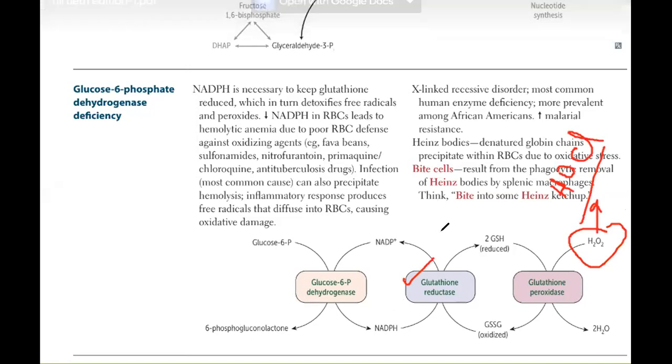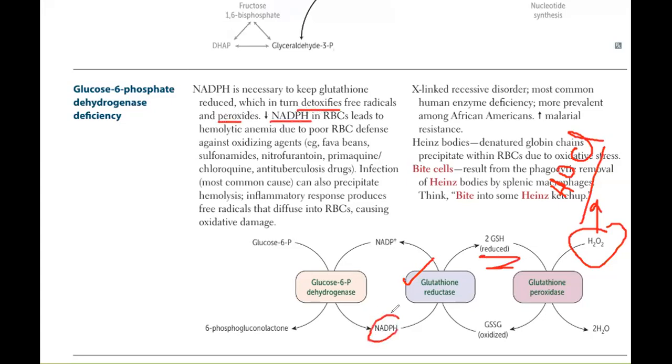If you give a quick review of what is written here, you will understand that NADPH is necessary to keep glutathione in its reduced form, which in turn detoxifies free radicals and peroxides.